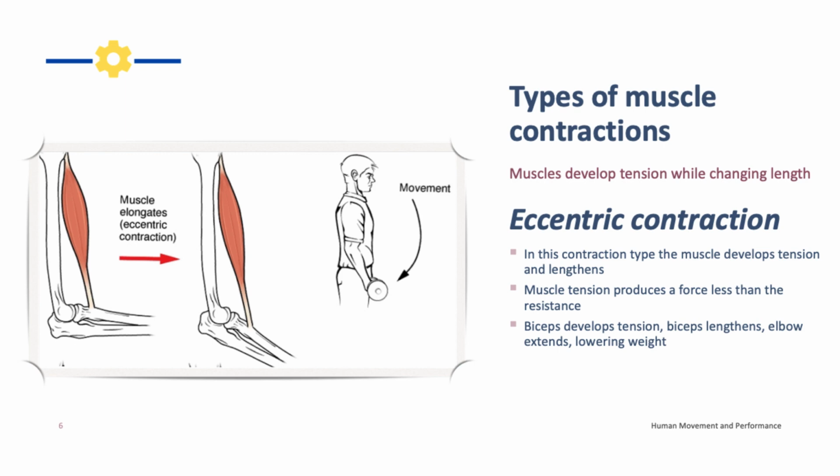Think back to the original picture of the person drinking. If I lift the glass up to my mouth, concentrically utilizing the biceps to bring the glass to my mouth, if I then use the triceps to lower the glass to the table, I would throw the glass towards the ground and the water would spill everywhere. That's not what I do. I use the biceps still eccentrically to slowly lower the weight back to the ground.